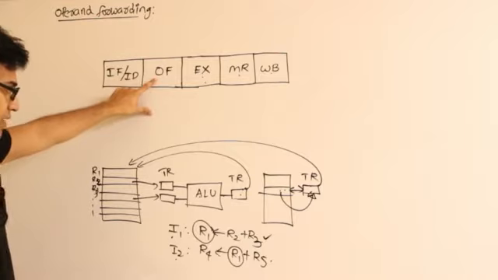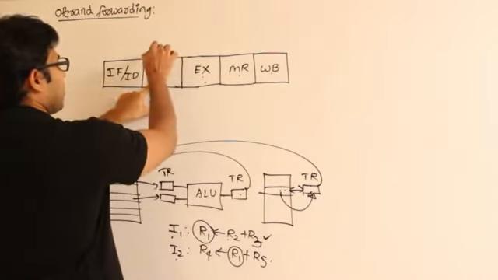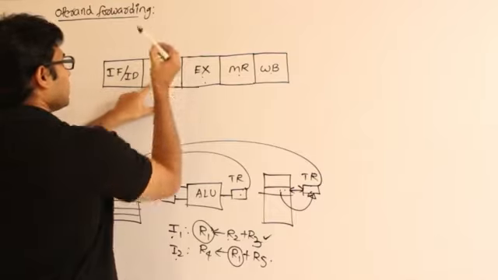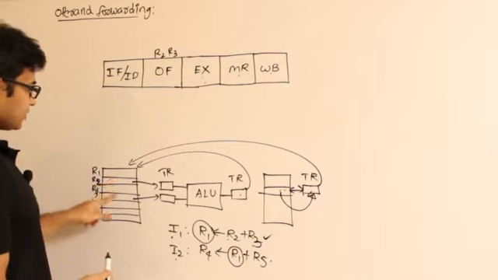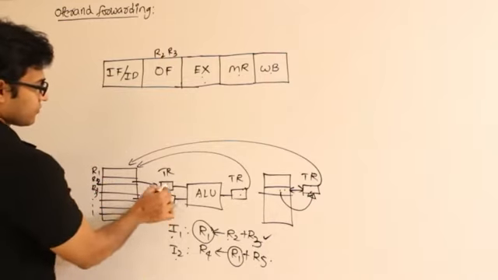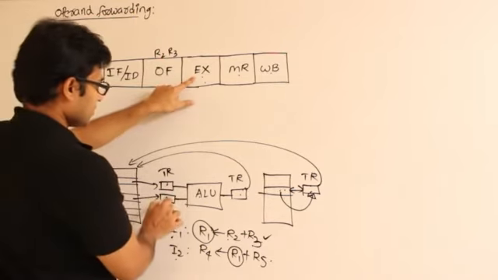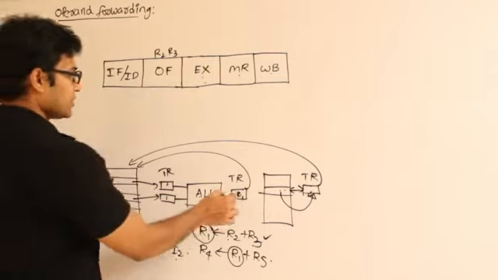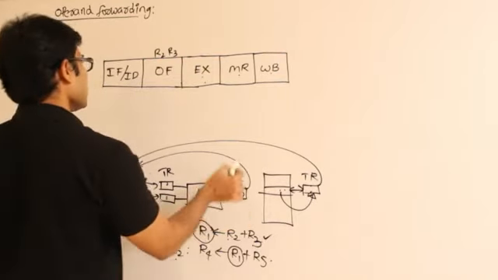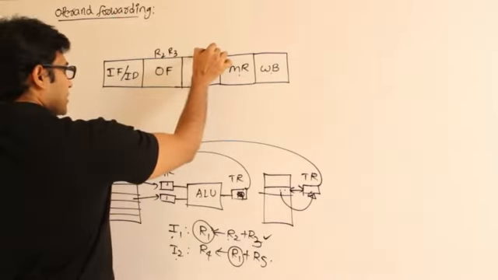In the operand fetch, R2 and R3 will be fetched from these two registers into these two. In the execution phase, they will be added and R1 will be available in the temporary register, which means as the output of the execution phase, the result will be present in the temporary register.